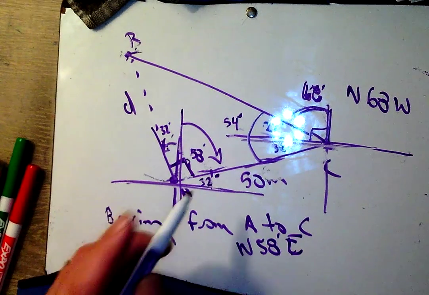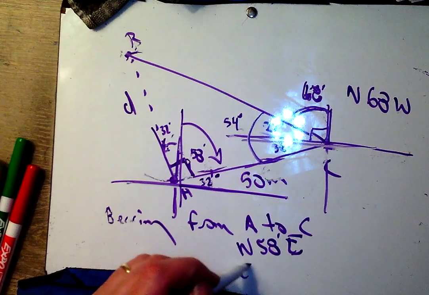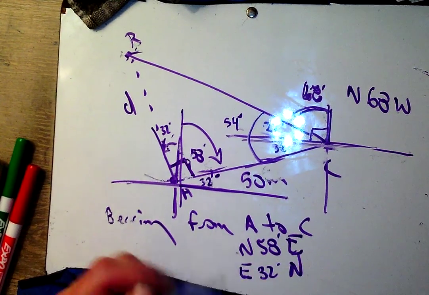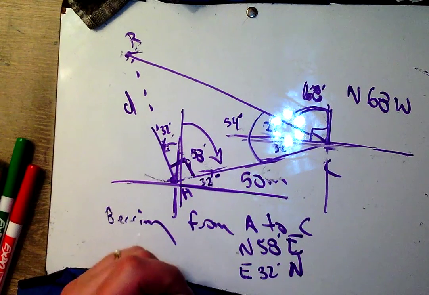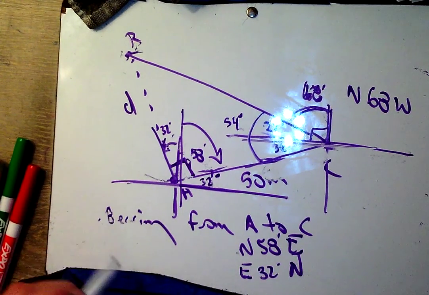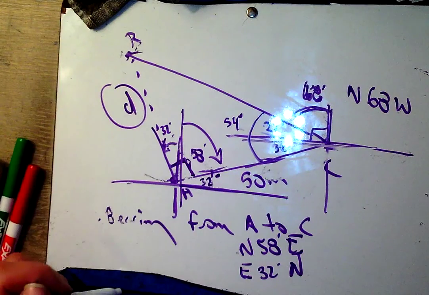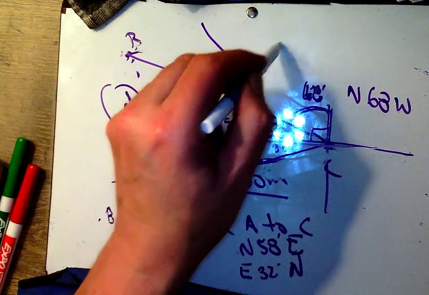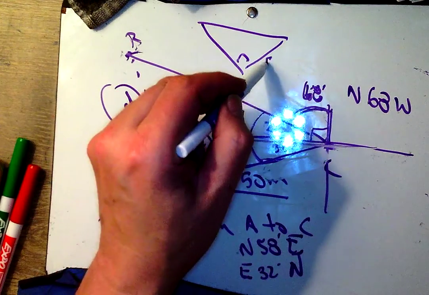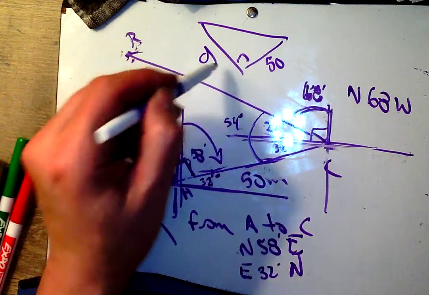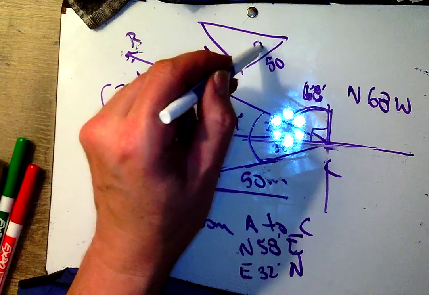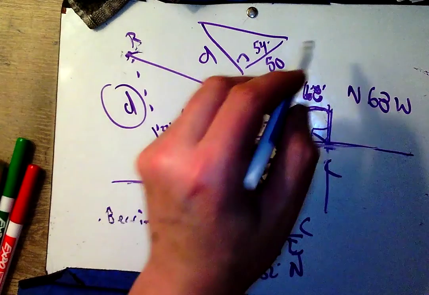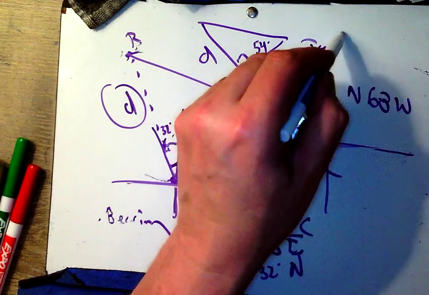And I could write east, 32 degrees north. I head east and a little bit north. So there's my bearing. And we were also supposed to find D. Okay, well, I can do that because, look, I'm just looking at this right triangle with 50 and D, and I now know that this angle is 54. So, yeah, that's just a regular old tangent.